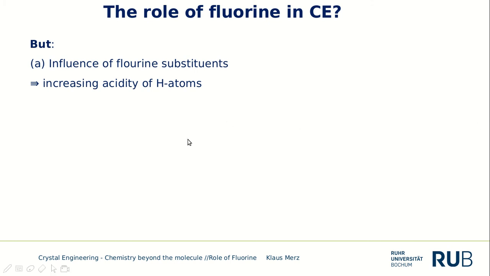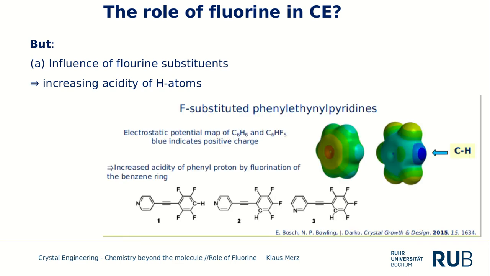Not in the way of halogen bonding, but one example I've shown you very nicely is that if fluorine substituents are present, they have an impact on the acidity of the H atoms. I showed you this slide when talking about hydrogen bonding and weak intermolecular interaction.